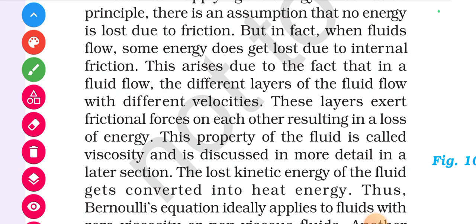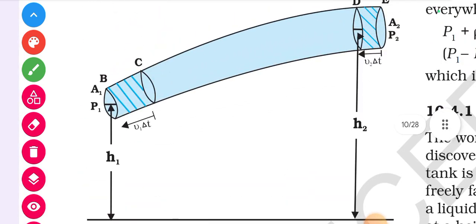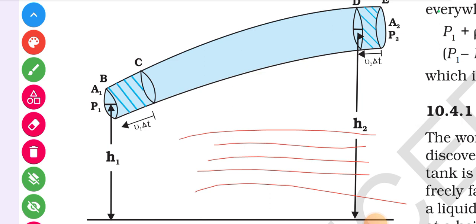We will discuss this in the later part of the chapter. In the fluid, there are different layers, and they have different velocities relative to each other. The upper layer will be at the highest velocity, the lower layer will be at zero velocity.